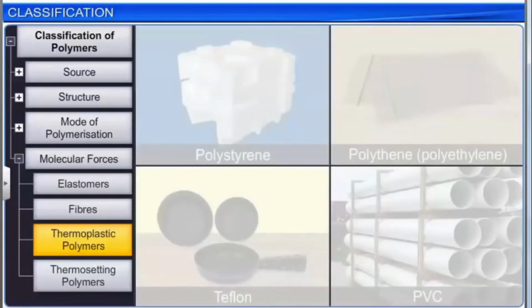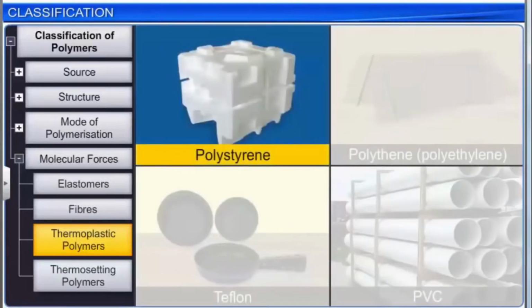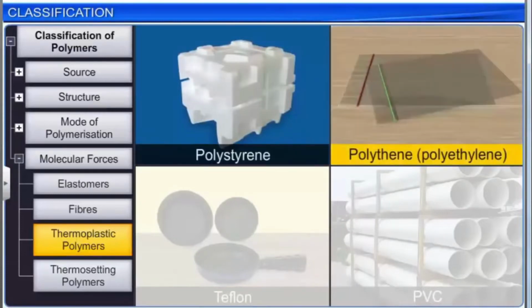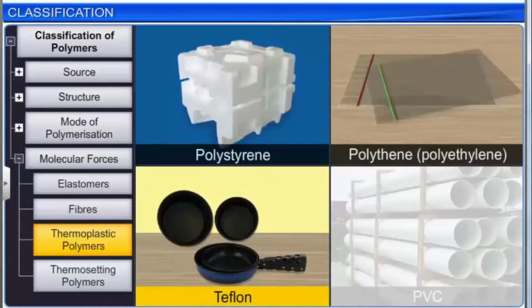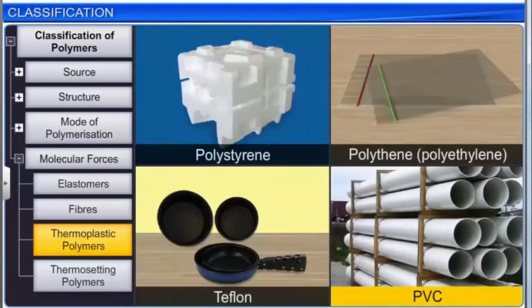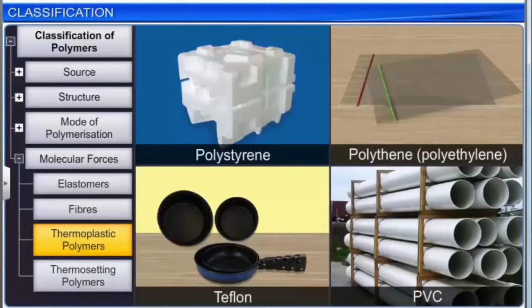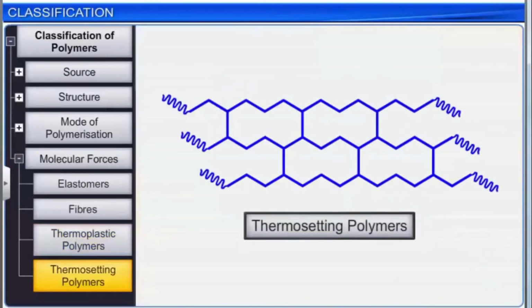Some examples of thermoplastic polymers are polystyrene, polythene, or polyethylene, and Teflon, and polyvinyls such as PVC. Thermosetting polymers, once set, harden permanently and cannot be reused.